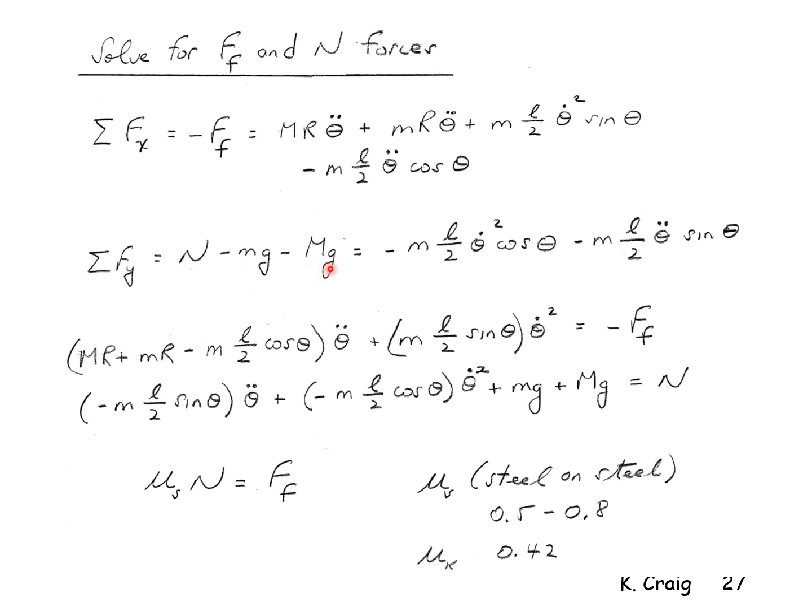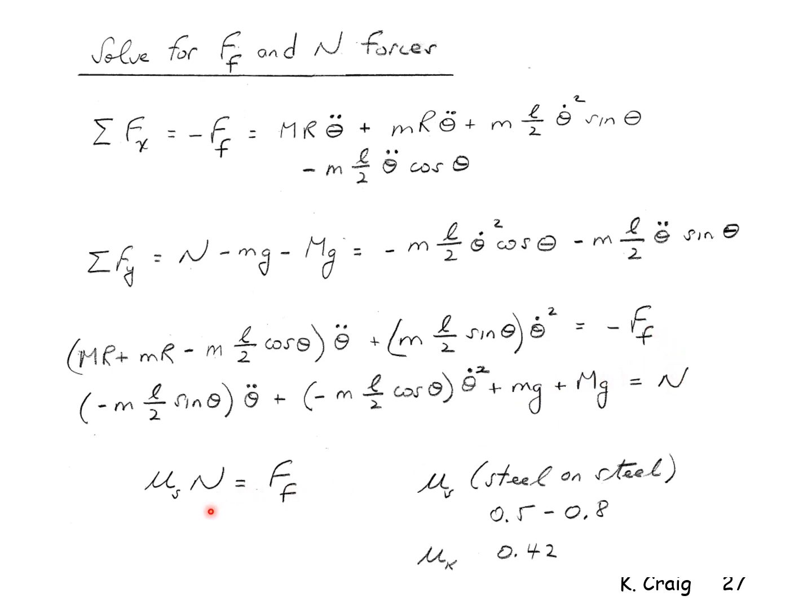And then on the effect diagram, simply sum all of the fictitious forces, the inertia forces in the x direction, and the inertia forces in the y direction, and you get two equations of motion. And again, I've simplified both of those equations through just algebra. And so I have an equation for the friction force and the normal force.